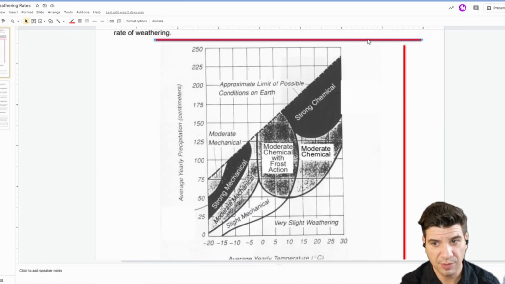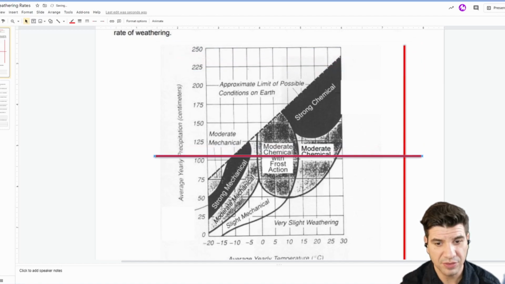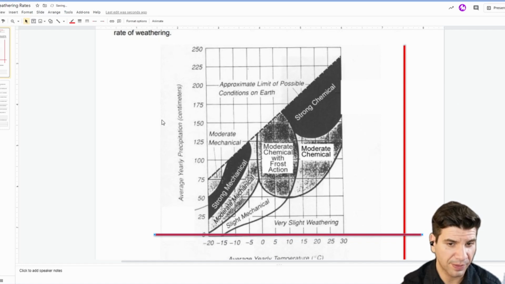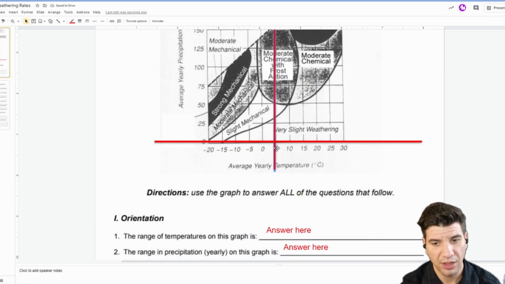So let's grab some of these markers. I'm going to take this one and move it down. Let's look at an environment that gets very little precipitation. So if you can see here, it says average yearly precipitation. Let's put a place that gets almost no rain. And let's move this one for temperature to about here, about 5 degrees Celsius.